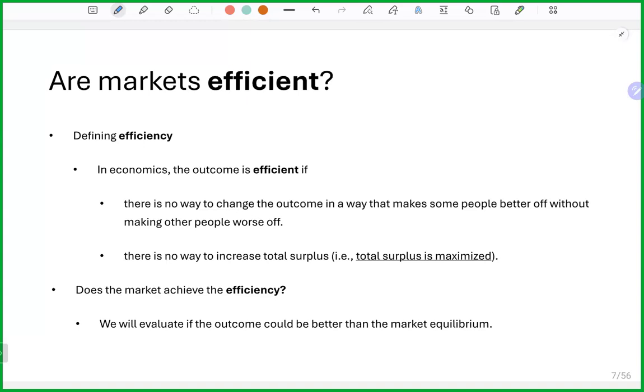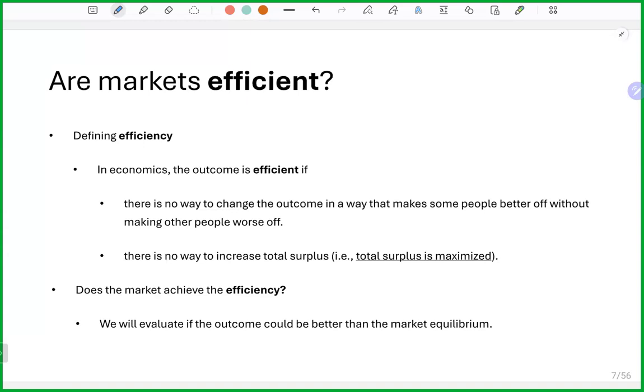To answer this question of whether the market achieves the efficiency, we approach it this way. Can you suggest a better way than the market equilibrium? Let's see if there is any possibility that improves the situation by changing the allocation from the market equilibrium.